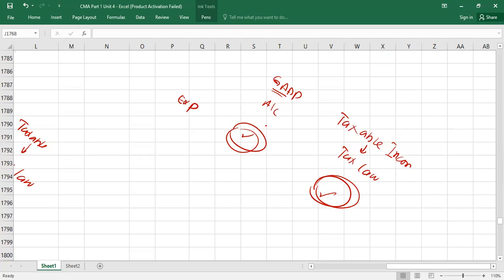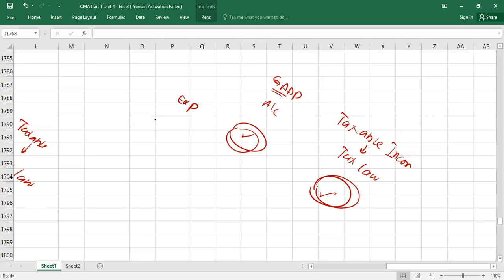That is called temporary difference. If there is any expense, it will be recorded in accounting and also in tax, but the year could be different. I'll give you a number of examples, don't worry. Let's stick with this definition first.